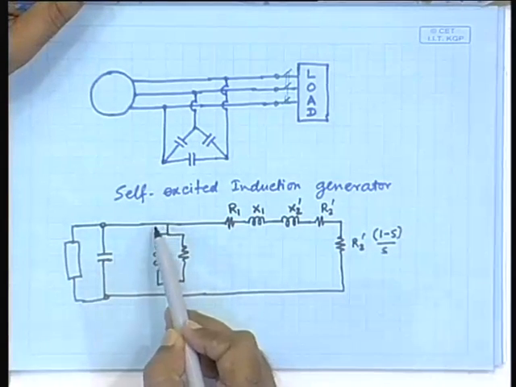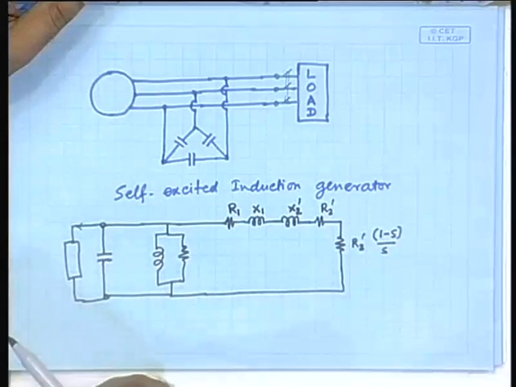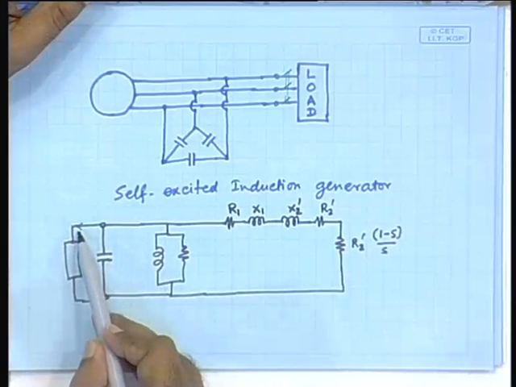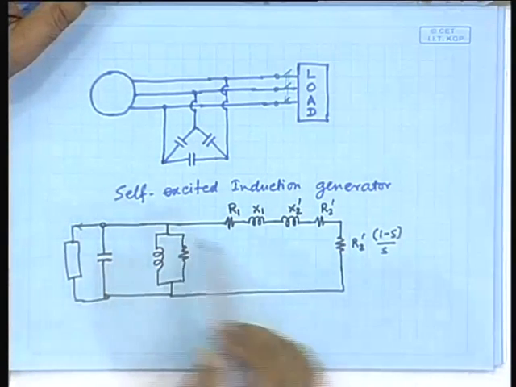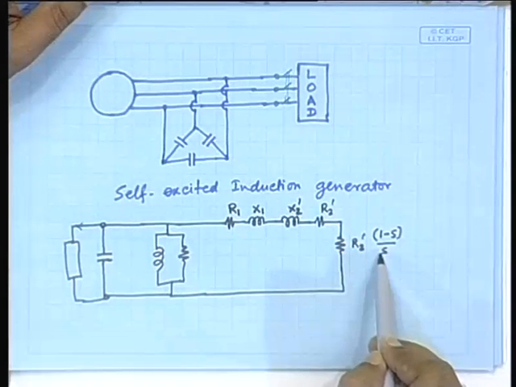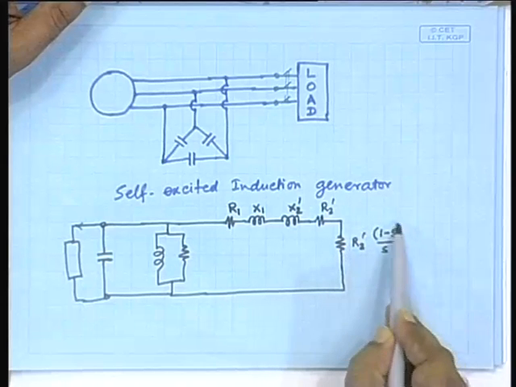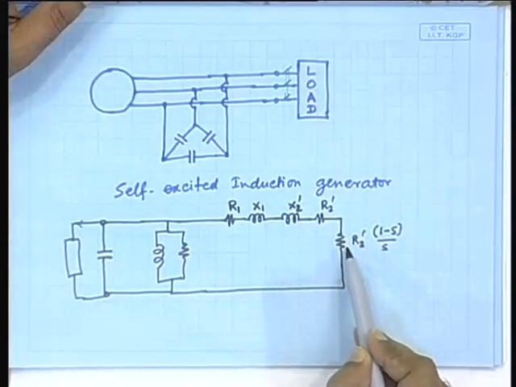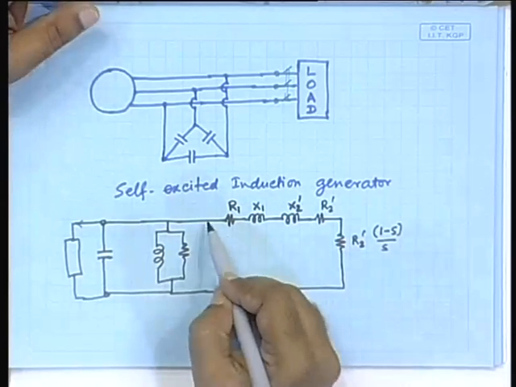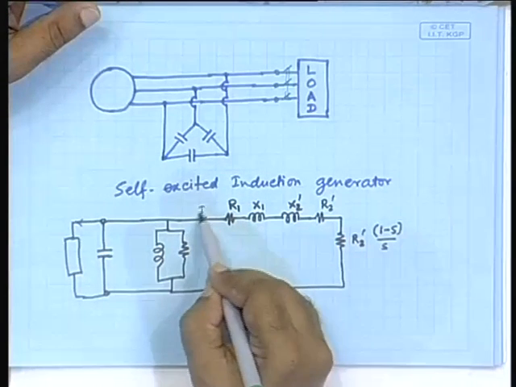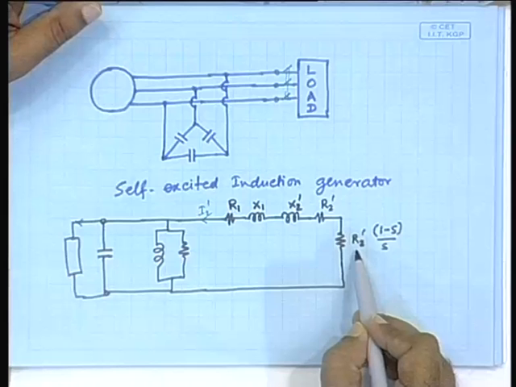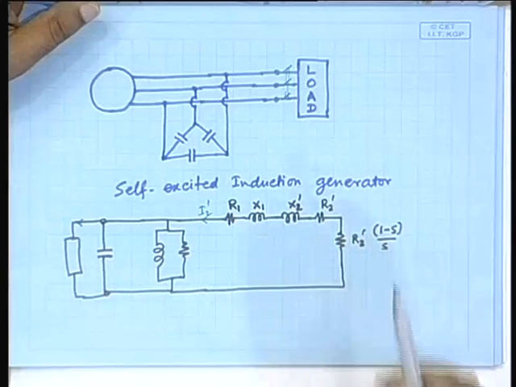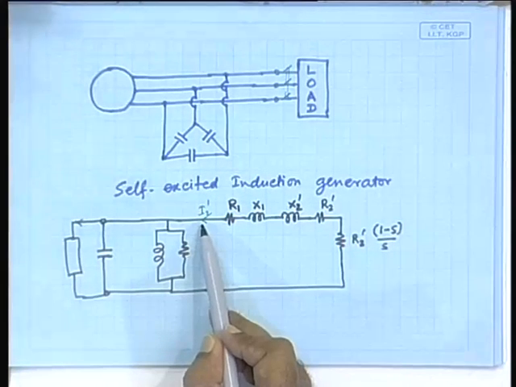So, there has to be a current drawn by this. A current drawn, a power drawn means the power has to be generated here. You can see that this is the point at which the power is generated. The power will be generated here, and the power is I2 prime square. So, here is the I2 prime, I2 prime square this. So, I2 prime has to flow.